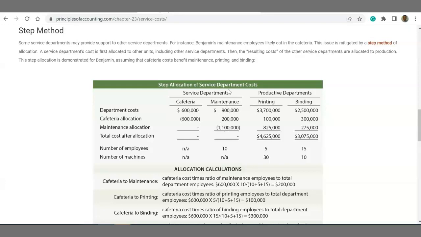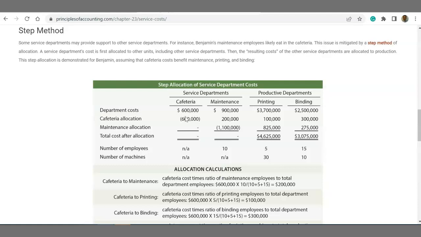The maintenance department is also drinking coffee, right? It's not just breakfast and coffee for printing and binding. The coffee is also for maintenance too. So how about the maintenance needs to take some responsibility of that cafeteria cost. So in that case, you go step by step.